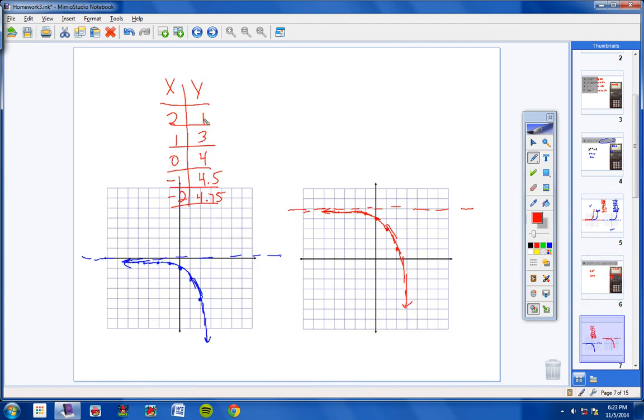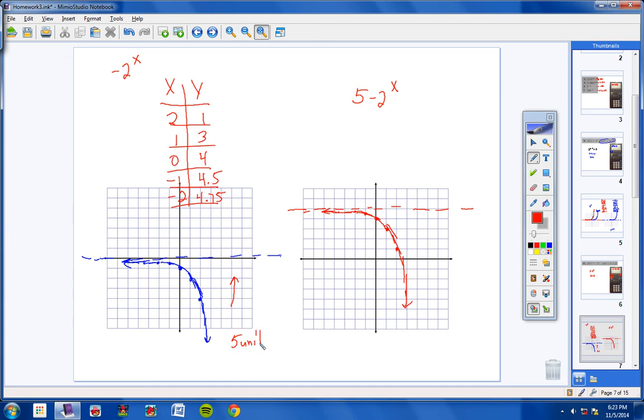We have this graph here was -2 to the x. This graph over here was 5 minus 2 to the x power. Now, what this did, by putting a +5 with this function over here compared to this one, it moved this entire graph up 5 units.